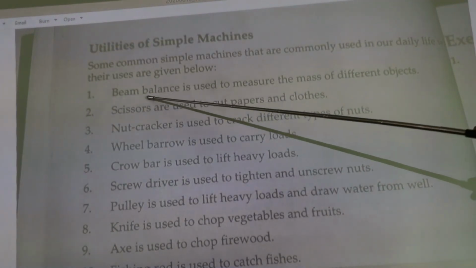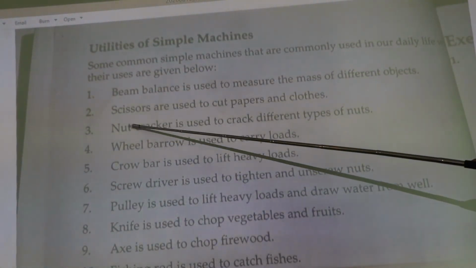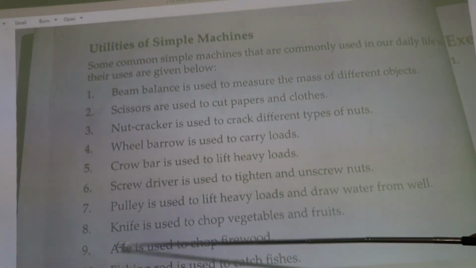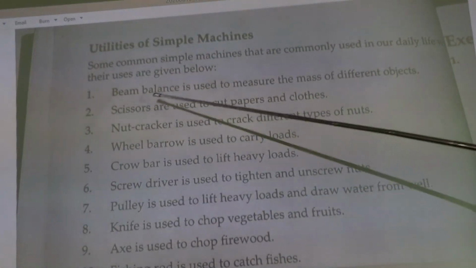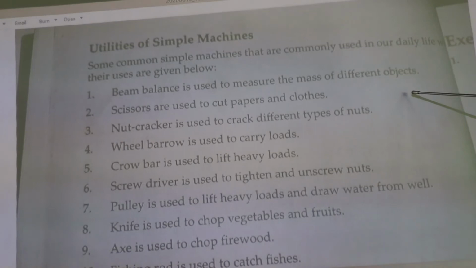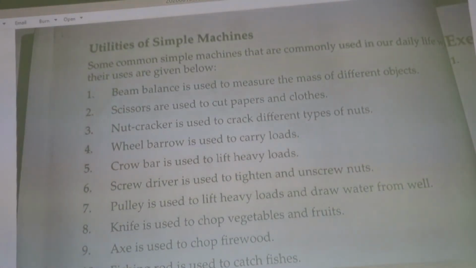These are the examples of simple machines: beam balance, scissors, knot cutter, wheelbarrow, crowbar, screwdriver, pulley, knife, axe and fishing rod. And their uses are here. Beam balance is used to measure the mass of different objects. Scissors are used to cut paper and clothes. Knot cutter is used to crack the knot. Wheelbarrow is used to carry loads.